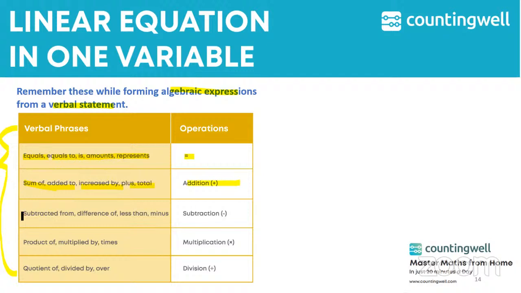If you encounter words like subtracted from, difference of, less than, minus, you have to use the operation subtraction. If you see the words product of, multiplied by or times, you have to use multiplication in that case. Whereas for the words quotient of, divided by or over, you have to use division.